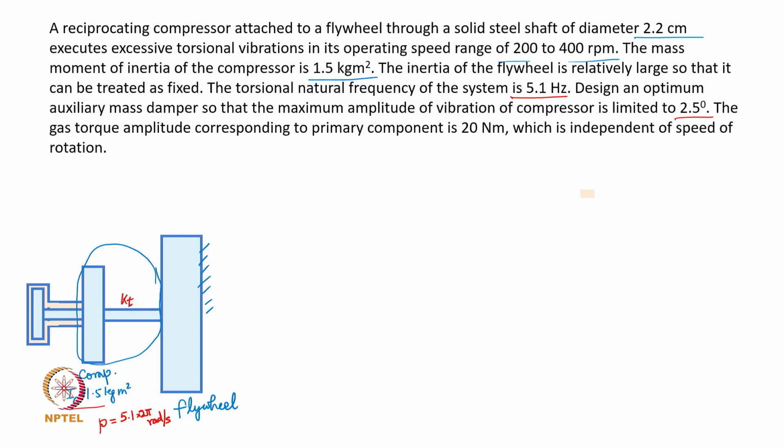Now here I am restricting the largest torsional vibration amplitude, theta bar, to be 2.5 degrees, and divided by what? Theta st. Now that you can get, because it says that the gas torque is having a primary component of 20 Newton meter.